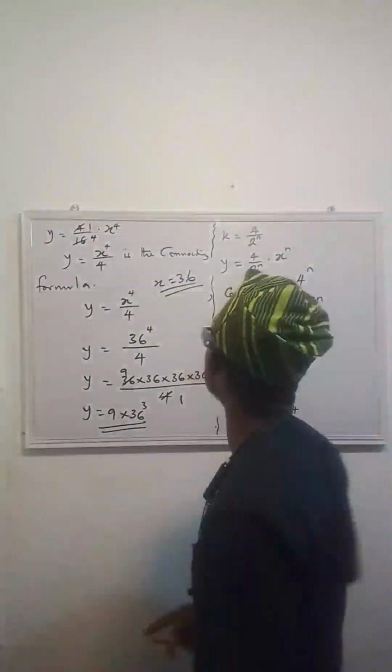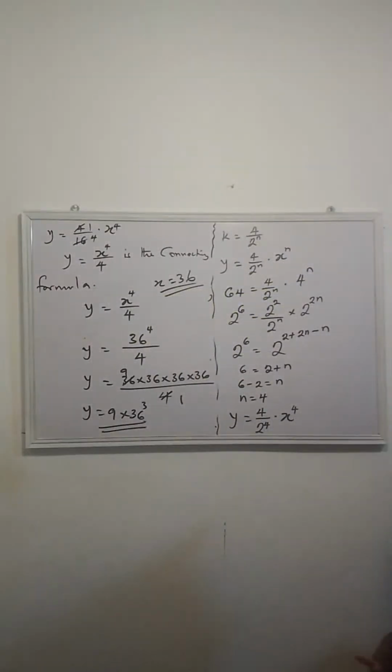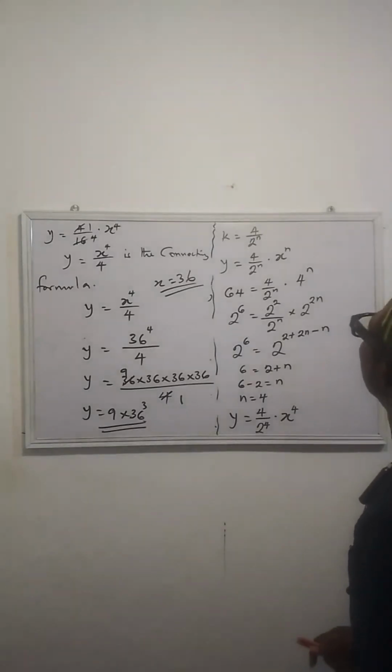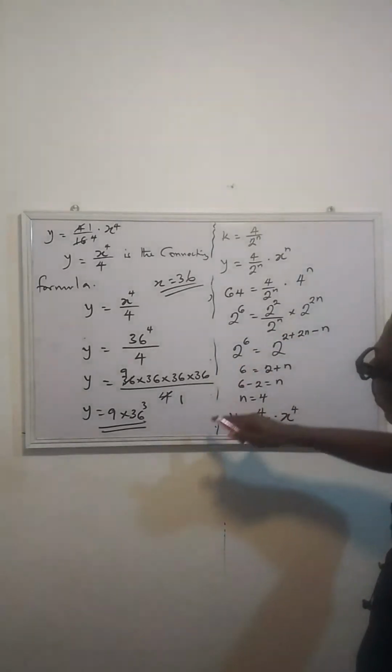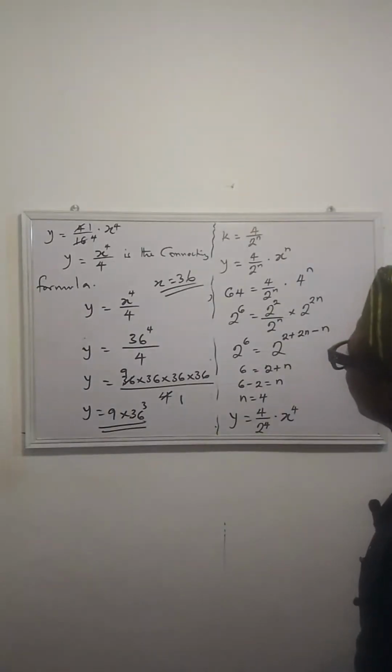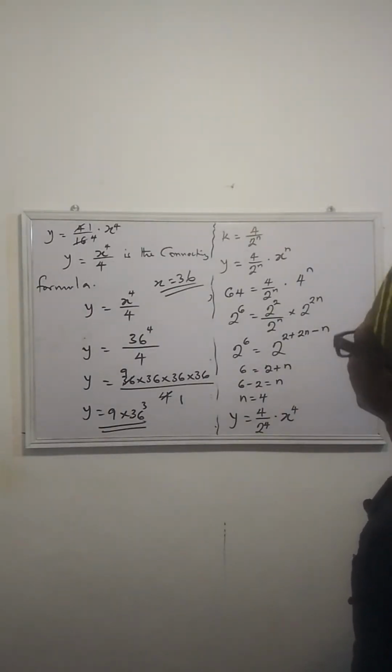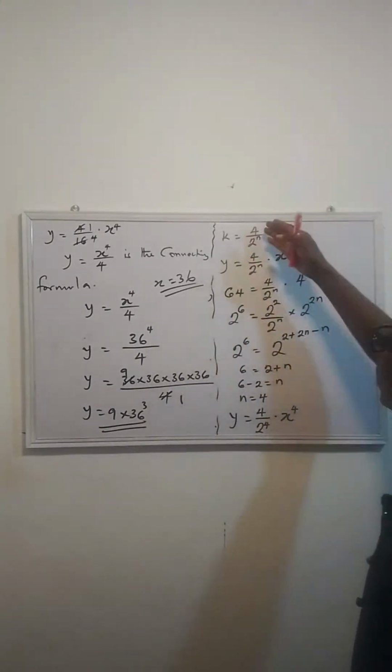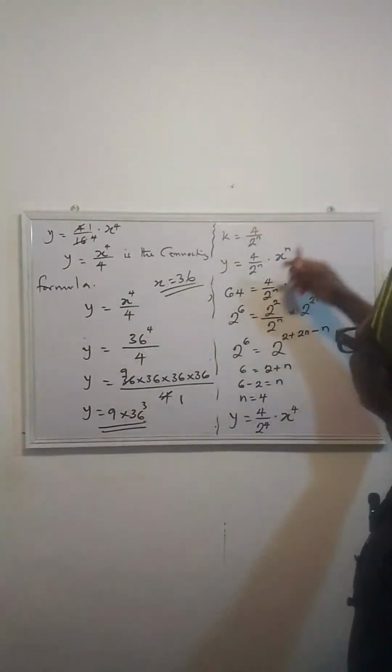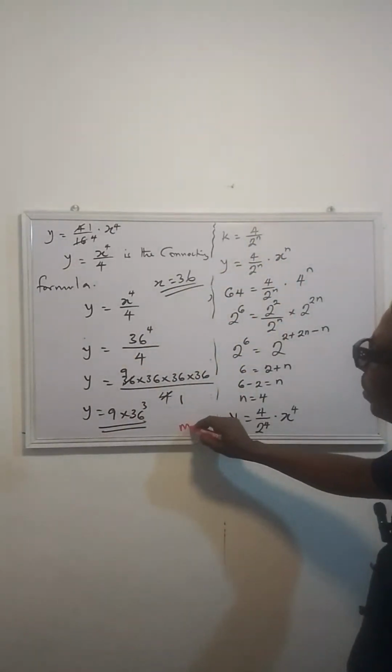So how do we award marks to this? From the starting point, you have a connecting formula. You substitute; for substituting, you have an M1.